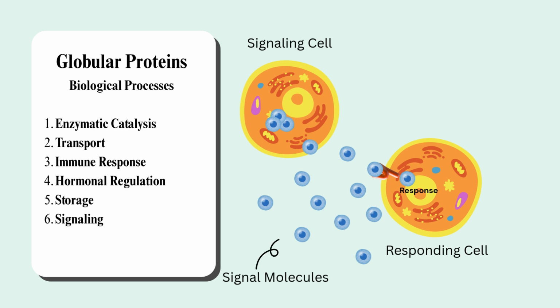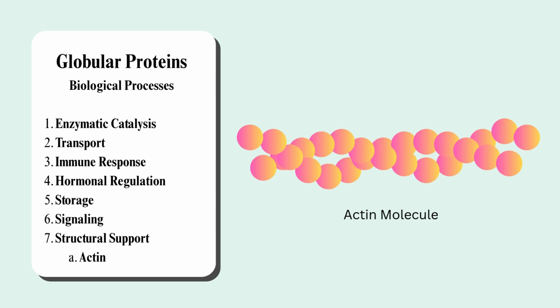Signaling. Globular proteins can transmit signals within or between cells, playing a crucial role in cellular communication. Structural support. Although less common than in fibrous proteins, some globular proteins like actin can contribute to the cell structure by assembling into larger structures like microfilaments.